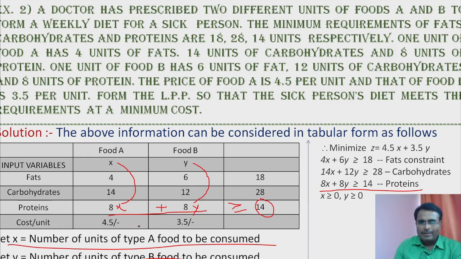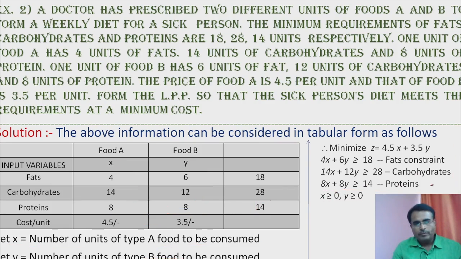Hence, the non-negativity constraint is x and y greater than or equal to 0. This is the formation of the second problem. So, this is your required linear programming problem associated with the given information. Is that clear? Okay. Now, we are going to consider the next problem.